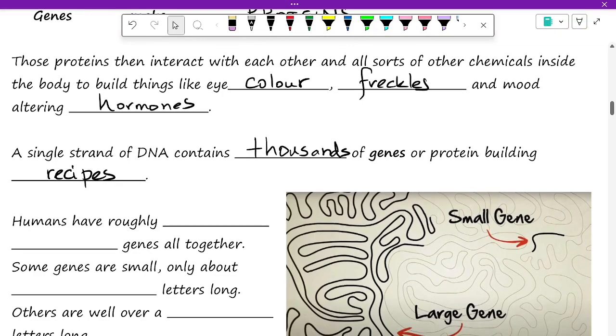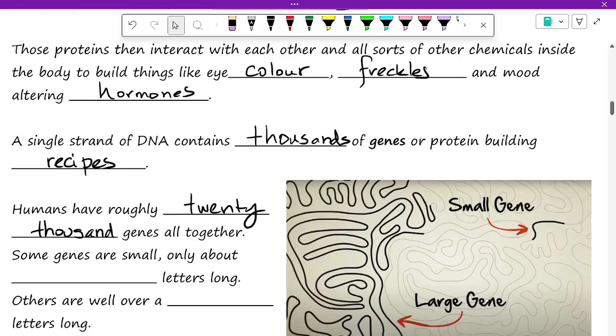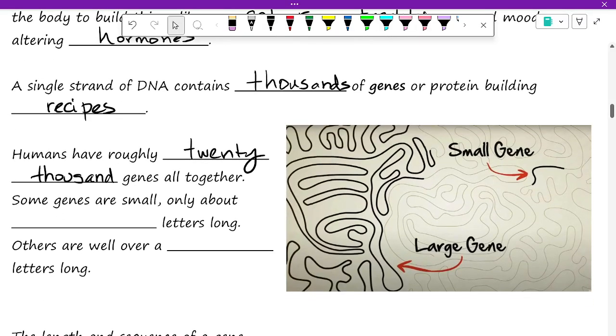Humans have roughly 20,000 genes altogether. Some genes are small, only about 300 letters long. Others are well over 1 million. That's crazy, yeah?